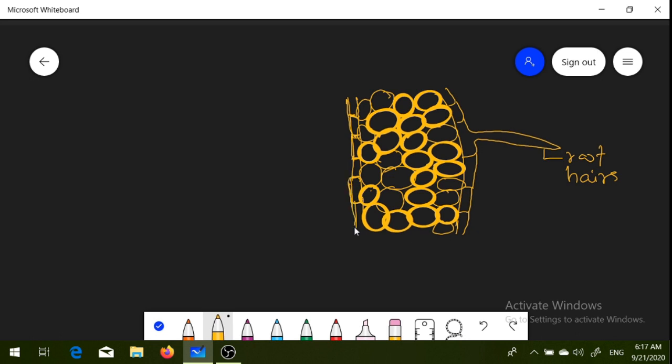But some of the cells are thin walled. Okay. Then inside it, the next layer is the layer of cortex. So these are the cortical cells. It is the endodermis.